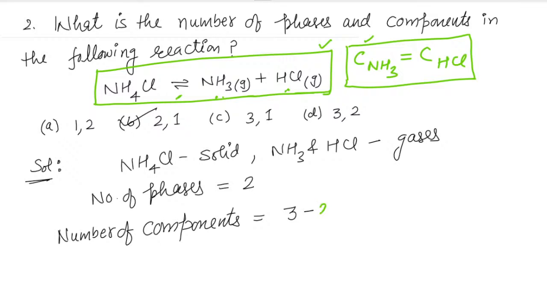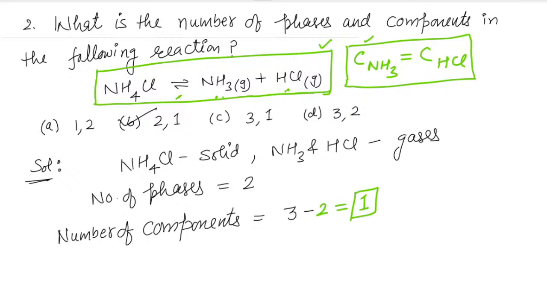So it is 3 minus 2 and the number of components comes out to be 1. Got it? Yes, tell me any doubt in this, because this is somewhat tricky.